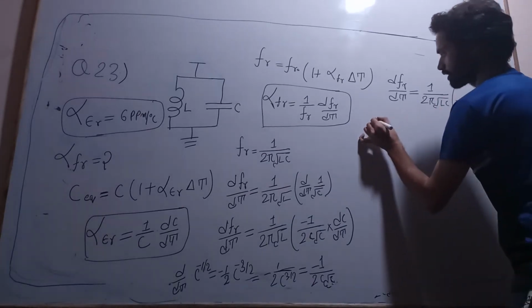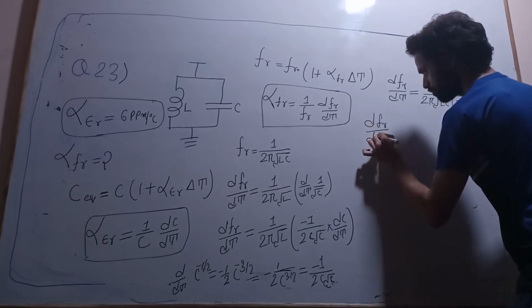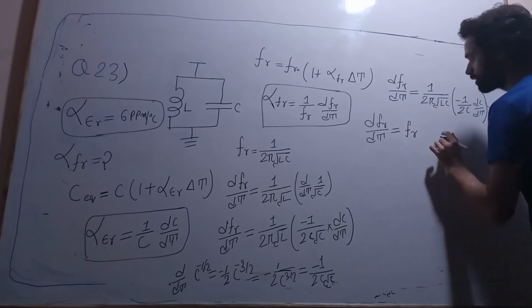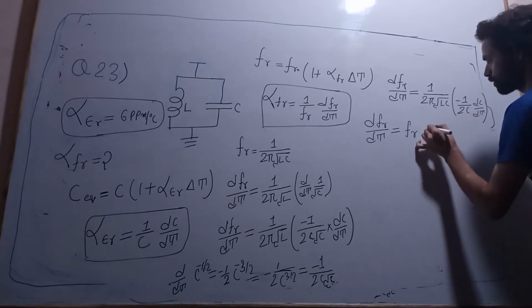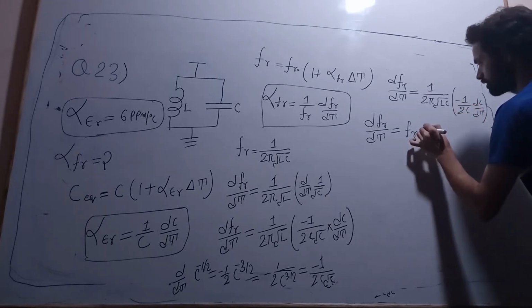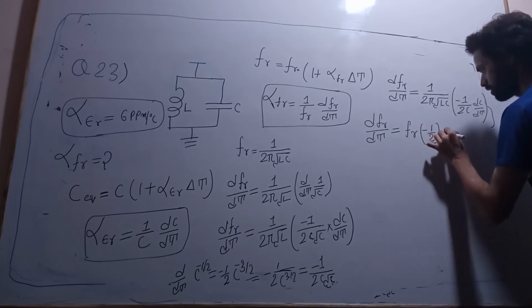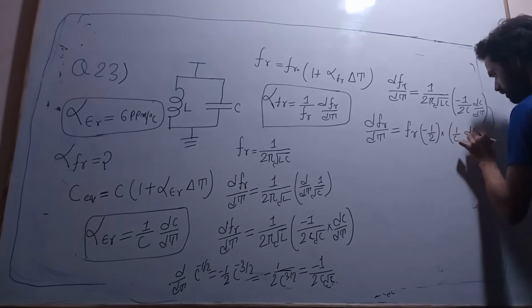Now see here, dfr by dT is equal to fr, this is minus 1 by 2 into 1 by C, dC by dT.